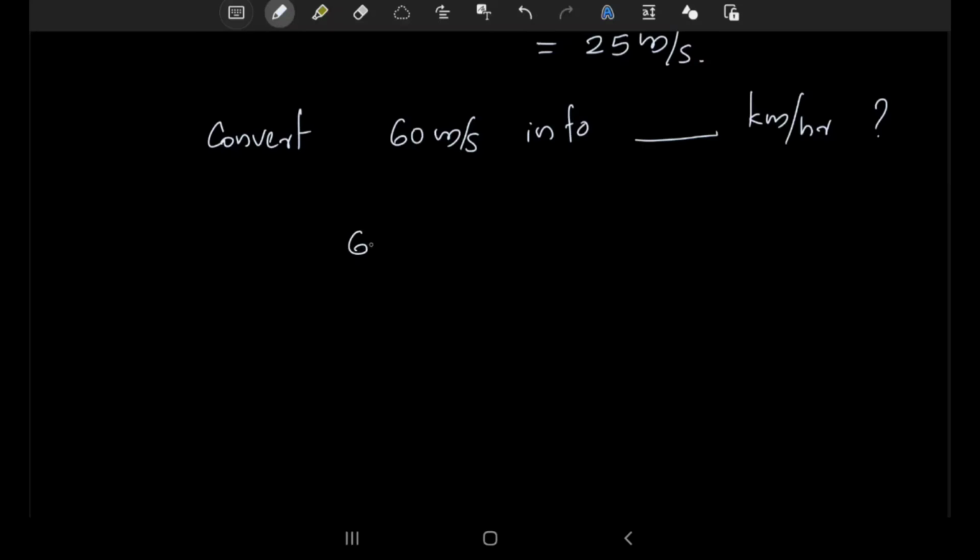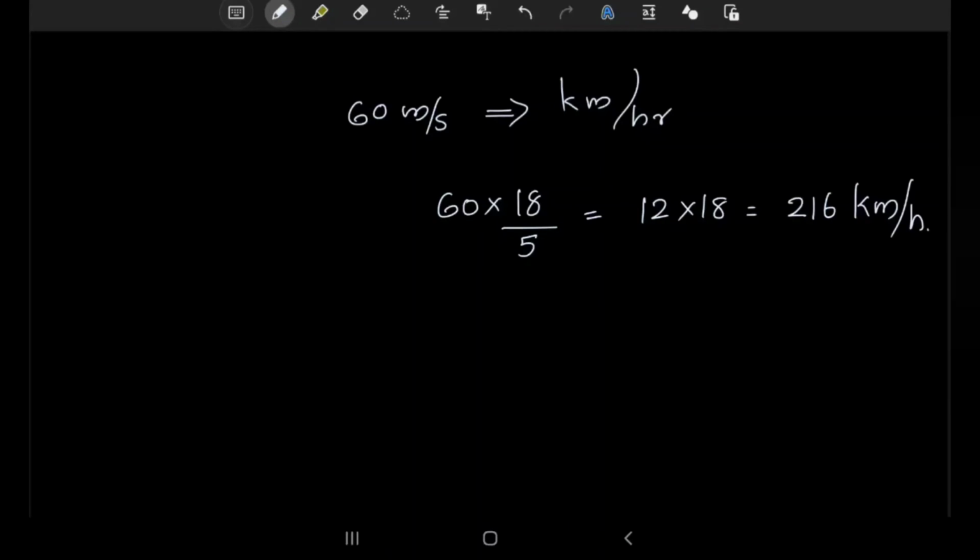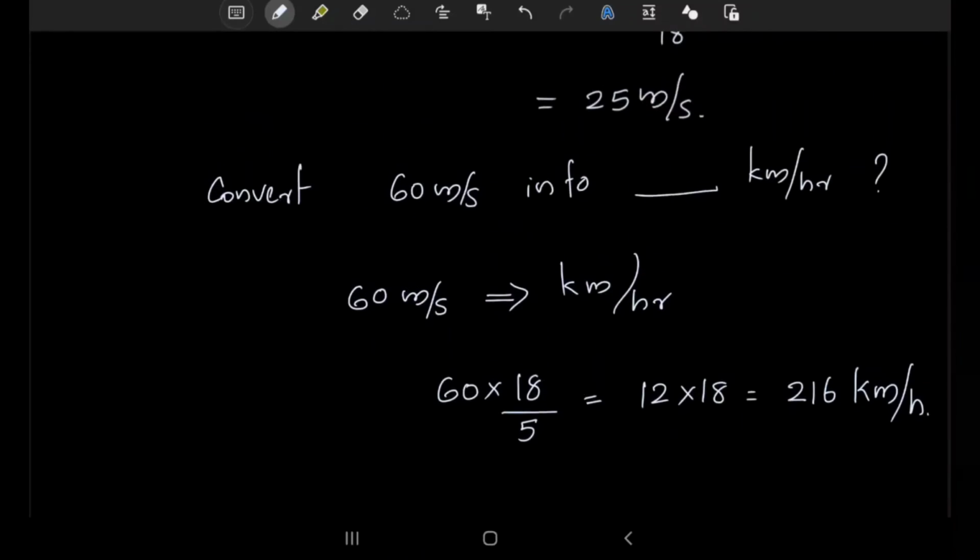In order to convert 60 meter per second into kilometer per hour, just multiply 60 with the reciprocal of 5 by 18, which is 18 by 5. 60 divided by 5 equals 12. 12 into 18 is equal to 216 kilometer per hour. This is our answer.